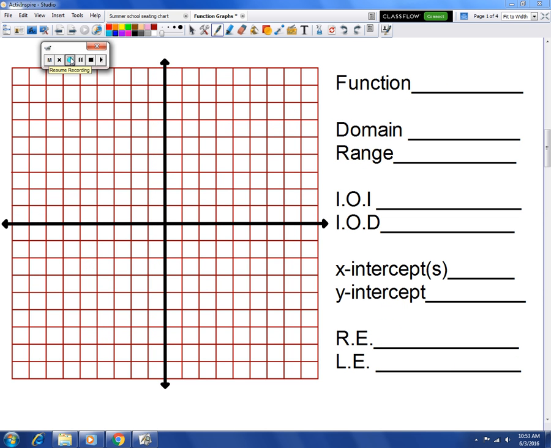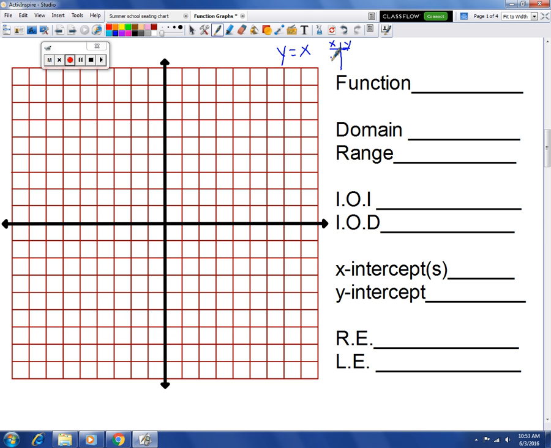Y equals x is a parent function. Everything I'm going to show you from now is really an adjustment. Instead of making an x, y table like you've probably been taught, which is not terrible to do, the problem is you're going to ask, what do I pick for x? Do you always pick the same thing?